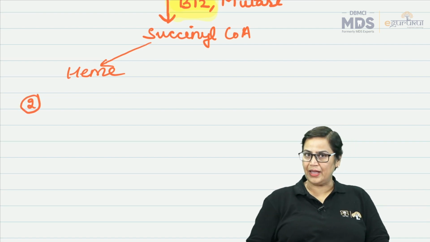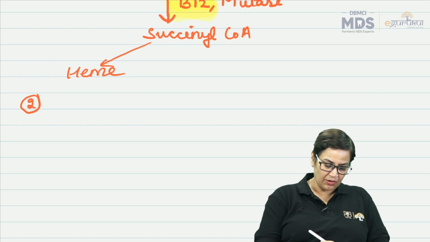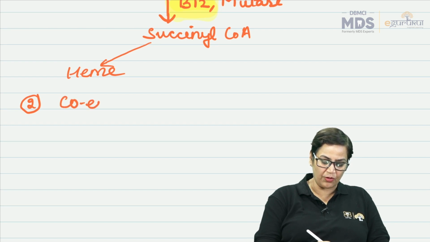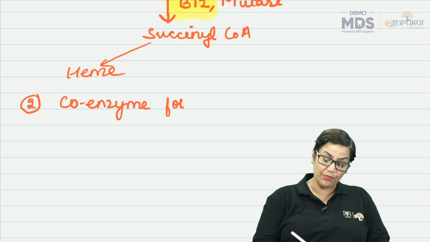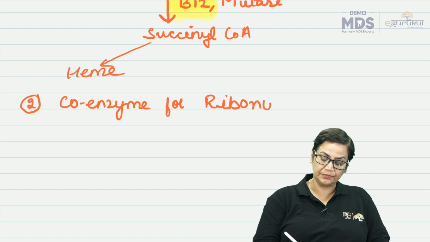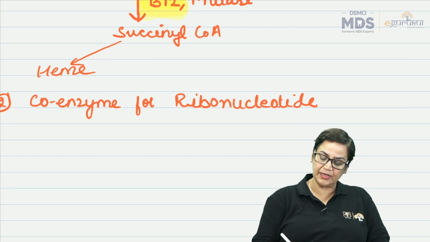This is required for, or you can say coenzyme for, ribonucleotide reductase. This is the second very important reaction catalyzed by this.